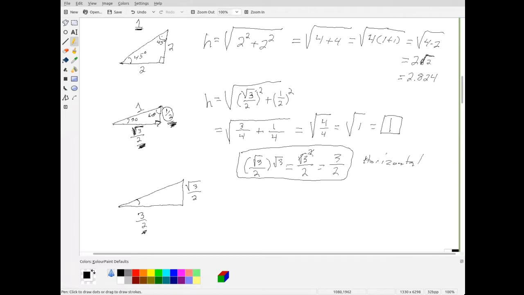And so now what I'm going to do is take the vertical side, which was 1/2, and multiply it times the square root of 3. Okay. And so we take 1/2 times the square root of 3, and that simply gives me the square root of 3 divided by 2. So this was the vertical.